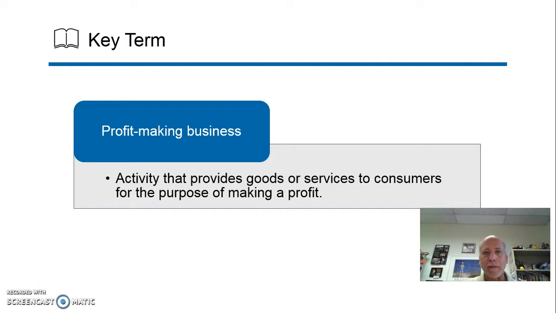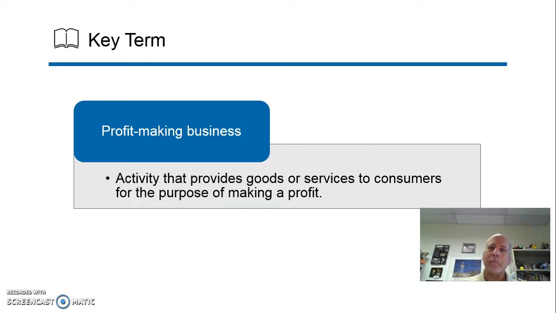If I think that the city that I live in does not have a strong enough restaurant, or that my community could benefit from a stronger Mexican restaurant or a better pizza location, I potentially can go into business, provide a good and service, in that case the restaurant or the food and the service that goes along with it, with the intention that I would make a profit doing it.